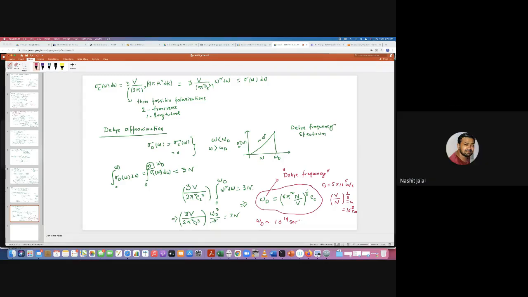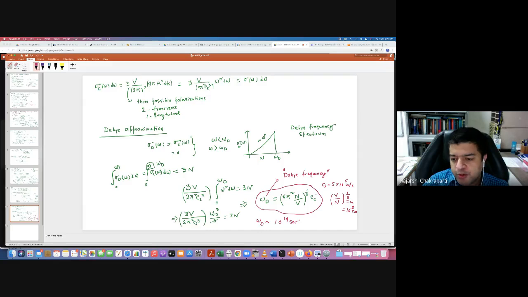Sir, won't it depend on the type of solid that we are using? Yes, of course, because each solid would have a different velocity of sound propagation. And also the number of particles per unit volume is different for different solids.